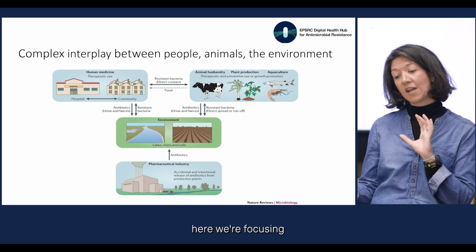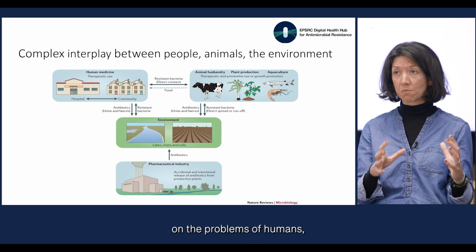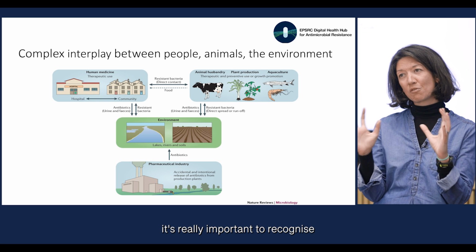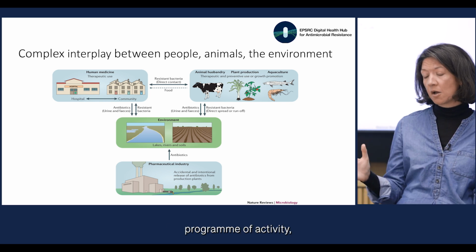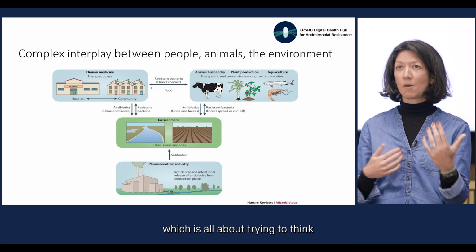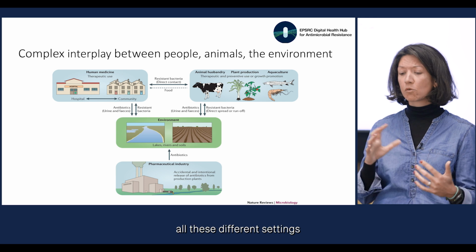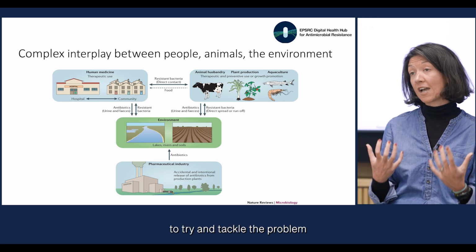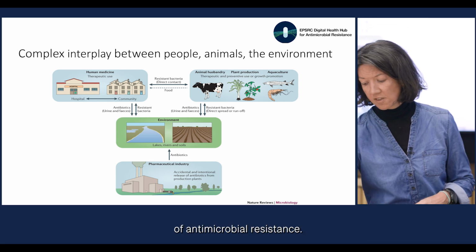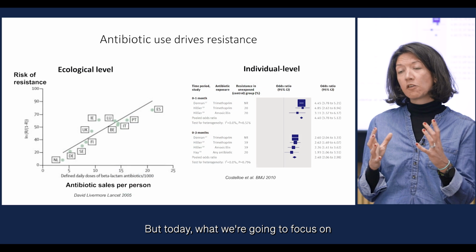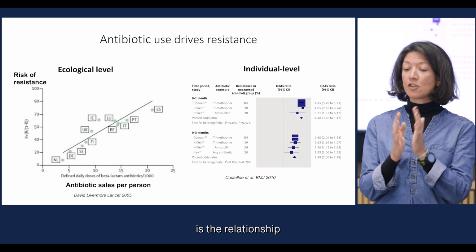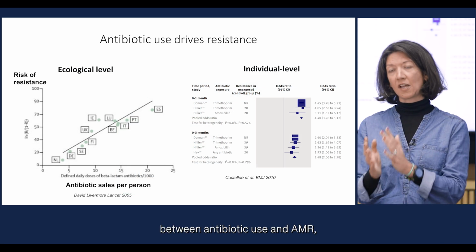Whilst here we're focusing on the problems in humans, it's really important to recognise that this sits in a much bigger programme of activity, which is all about trying to think how we can work across all these different settings to tackle the problem of antimicrobial resistance. But today what we're going to focus on is the relationship between antibiotic use and AMR.